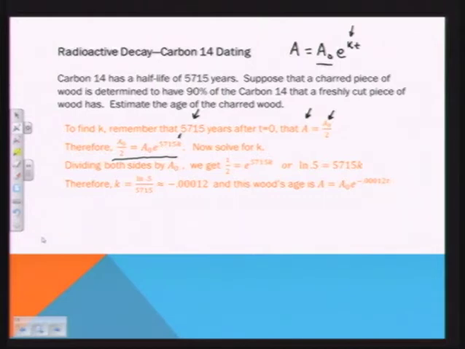Now we can once again take this exponential equation and solve it for k, just like we've been doing time and time again. So the first thing we'll do is take this equation and divide both sides by A sub 0. And notice when we do that, A sub 0 falls out of the problem, and we have 1/2 or 0.5 equals e to the 5,715k.